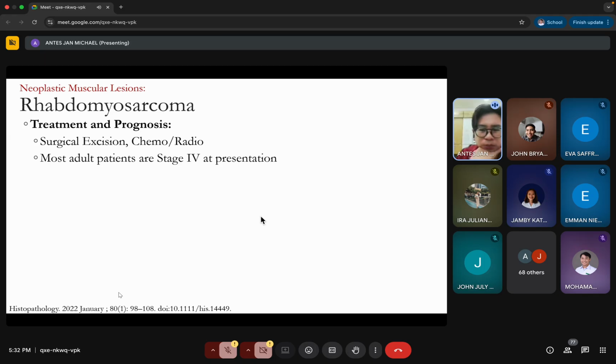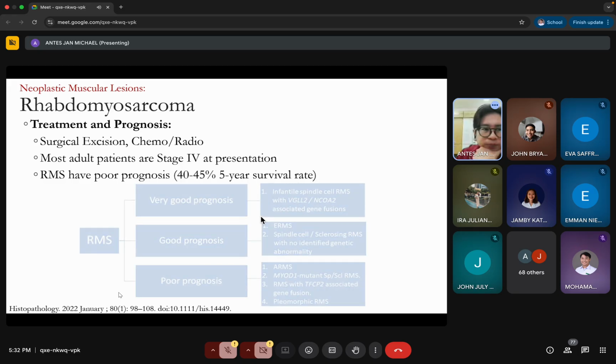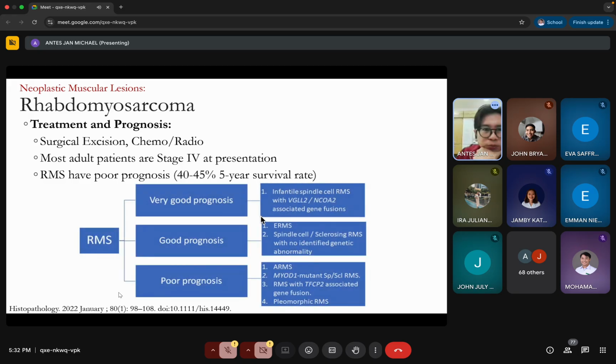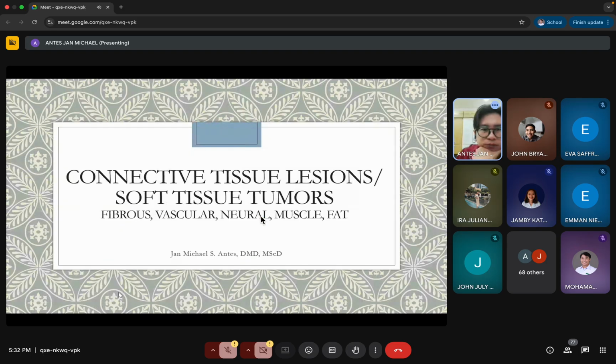They have really a poor prognosis when we're dealing with adult patients. Generally, they have poor prognosis, but it depends on the subtype. So that's it. Okay, we're done.